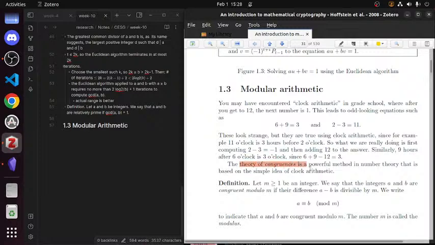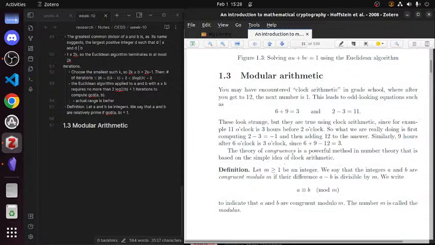The theory of congruences is a powerful method in number theory that is based on the simple idea of clock arithmetic. Let m, greater than or equal to 1, be an integer. So you have m being a positive number, it has to be 1 or more. We say that the integers a and b are congruent modulo m if their difference, a minus b, is divisible by m.